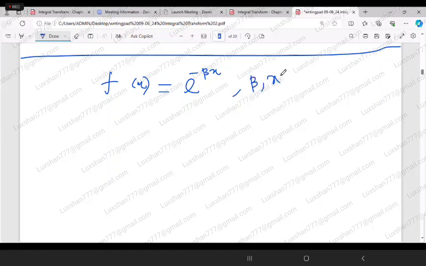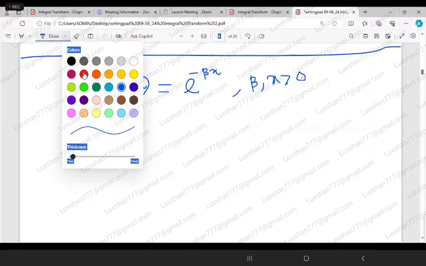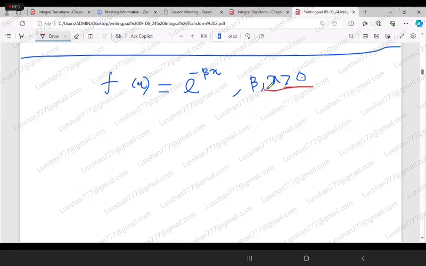Actually, x is the variable, but the function domain is only the half line. It is positive, therefore we can find the Fourier sine representation of this function. That is the question.